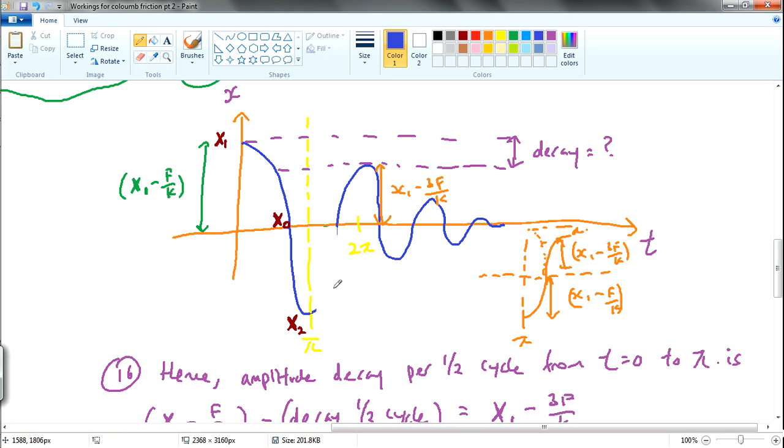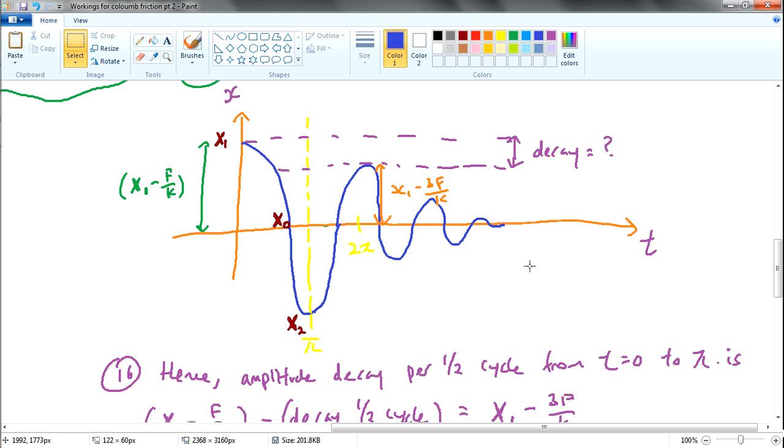I may be wrong, but it sounds legit now. So apparently you're just taking this portion minus this portion, and you'll get the decay, because you're simply taking the difference between them.